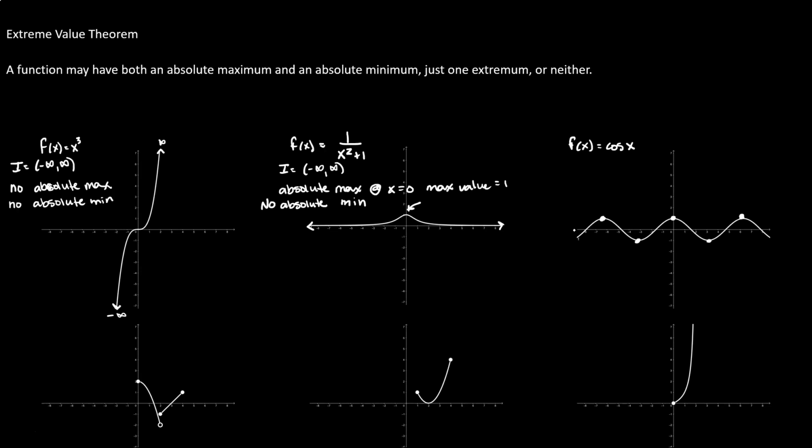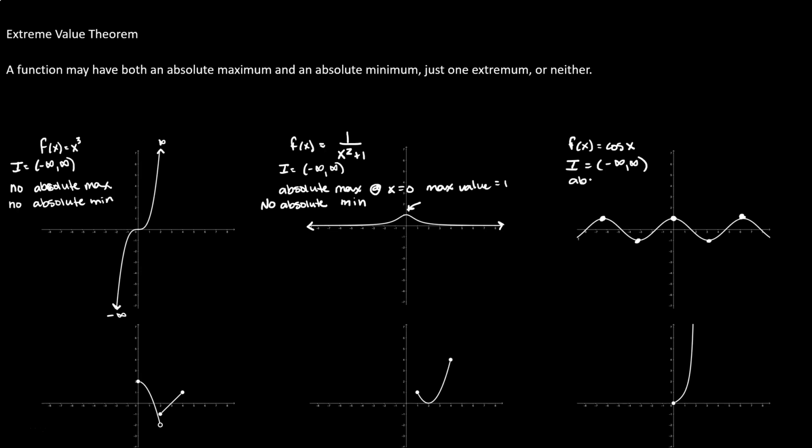So looking at the domain for cosine x, we would pick the interval, again, negative infinity to infinity. We can see that the maximum value occurs multiple times. So the max value occurs at multiples of 2 pi. And the max value of cosine x is equal to 1.